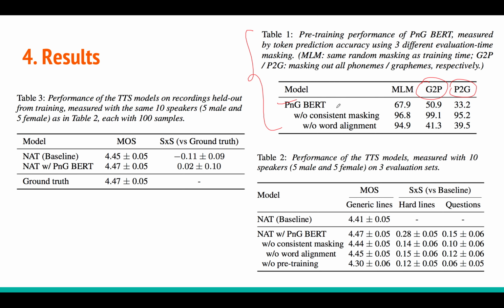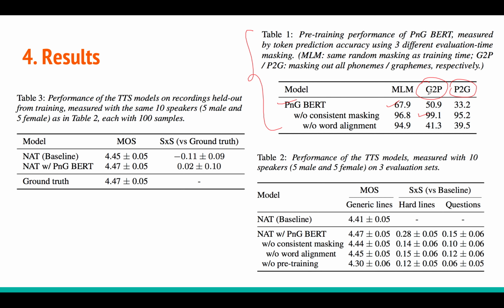If you use PnG BERT without any consistent masking and word alignment, the performance is poor. If you use consistent masking, the performance is good for MLM, and P2G and G2P. If you don't use word alignment, the performance drops significantly for P2G and G2P, as you can see here. So that means the word alignments are crucial in this setting.